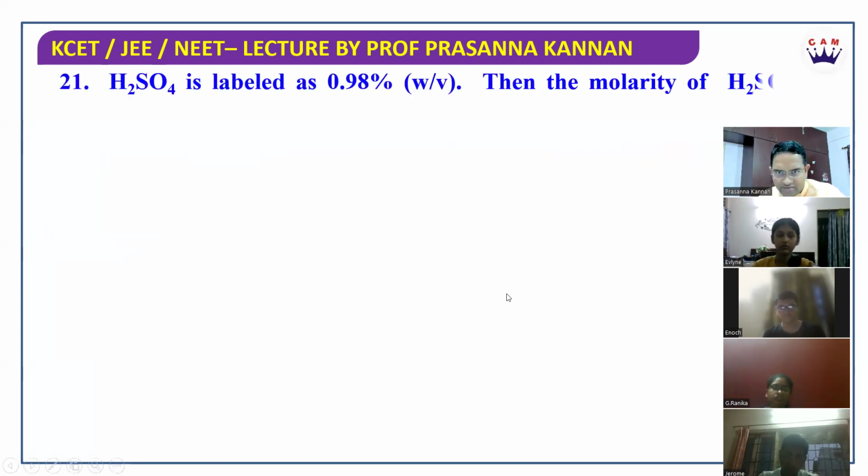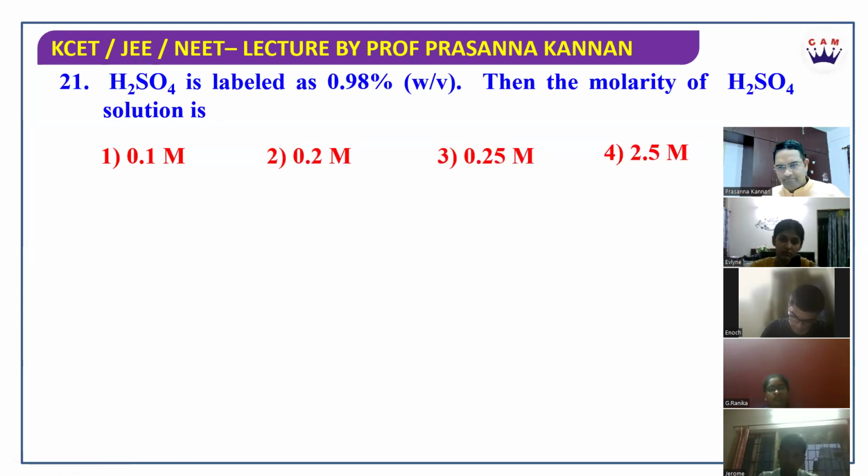Okay, Ranika, you can try this. Sulfuric acid is labeled 0.98%. What is the meaning of that, Ranika?